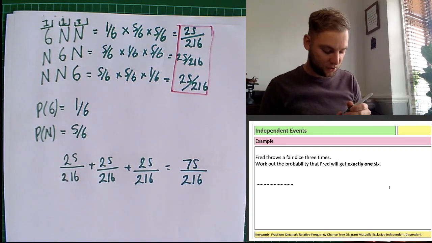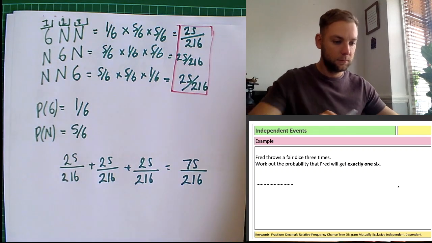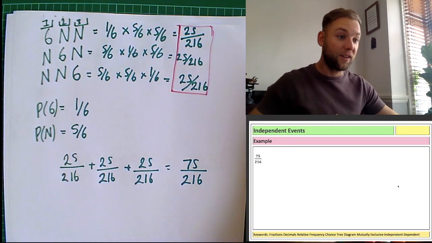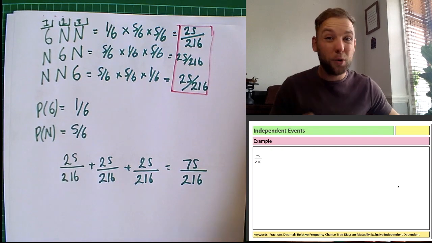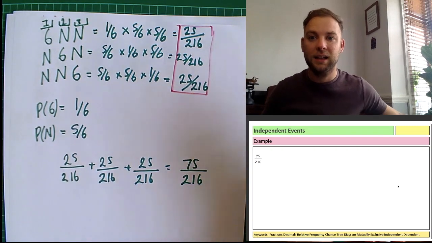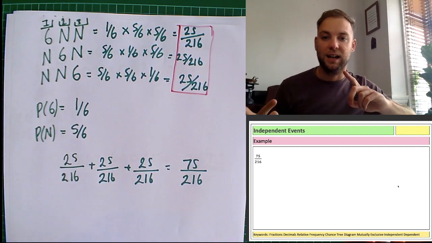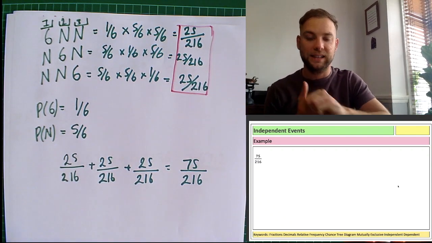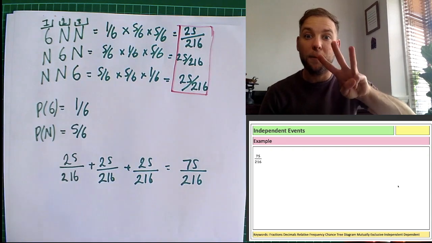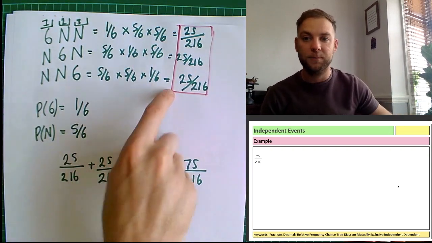Super. Let's just check that answer. 75 over 216, super. Probably worth, as I said, about 3 or 4 marks. You've got to really understand the different combinations of this. You've got to understand what the probability of a 6 is. You've got to understand that there's 3 different combinations, so we've got to do it 3 times.